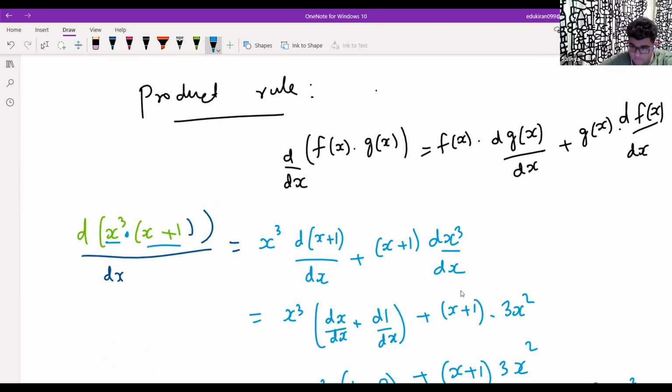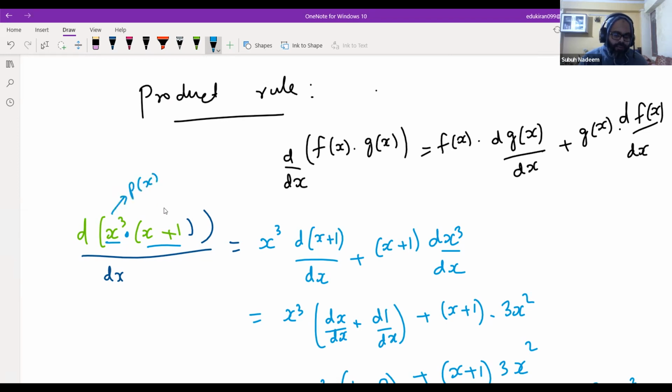So is this the same as the px qx? Yeah, I'm taking as fx cubes. Okay, so p dash x, that is the derivative of px. So in this, it's like p dash x into qx. Yeah, you can write it like this. Suppose this is px, this is qx.